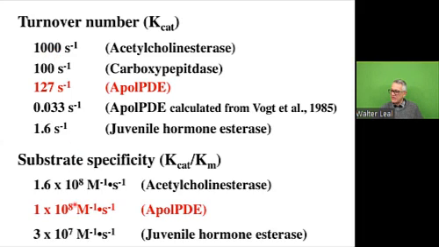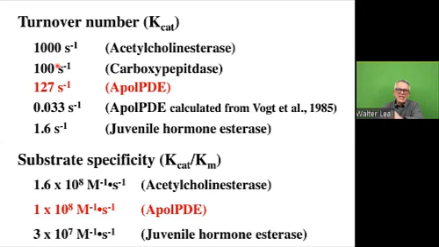But it's compensated by the fact that this now has a good affinity, substrate specificity, altogether at 1 × 10⁸ M⁻¹ s⁻¹. This is almost the limit that one can have for the substrate specificity of an enzyme. So it's comparable to acetylcholinesterase. It lost in Kcat, but gained in specificity, which is much more important here.